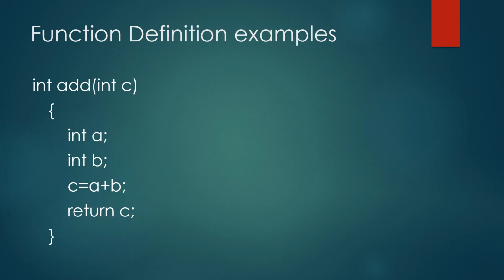Inside the curly braces you have declared a, you have declared b, and you have written the statement c equal to a plus b. This is the assignment statement. In the variable c we are adding the values of two variables, that is a and b, and that value is stored in the variable c. We are returning that variable c.